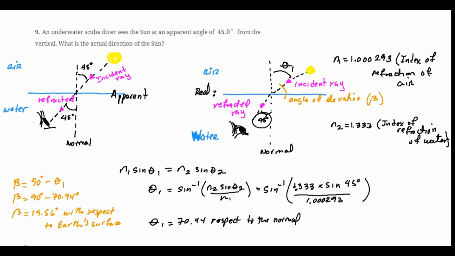But the actual angle with respect to the normal was 70.44 degrees, and the actual angle with respect to the air surface was 19.56. So this is another example of how we can calculate the angles using Snell's law. In this case, the actual angle or the actual direction of the sun.